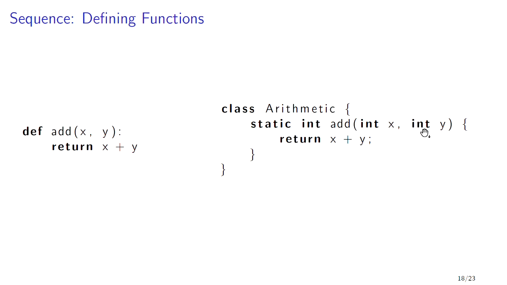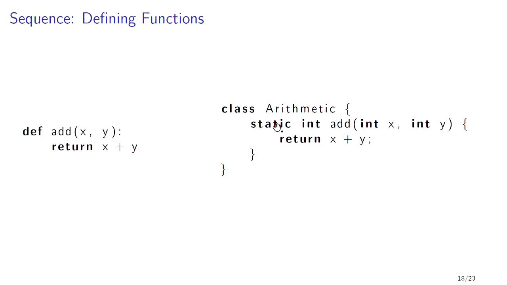It takes 2 parameters. We have to say what type the parameters will be, which is integers. And we do our logic, which is return x plus y. We're returning a value, so I have to tell Java what type the function returns. So add returns an integer. It takes 2 integer parameters, which are called x and y internally to add.